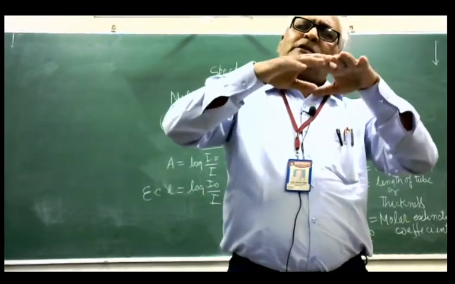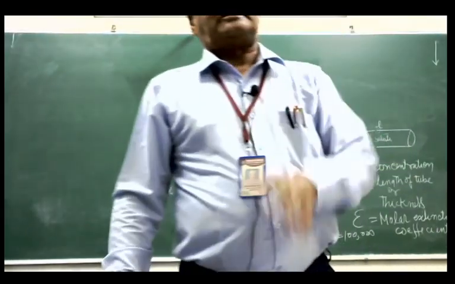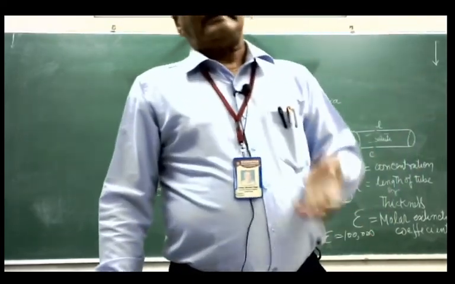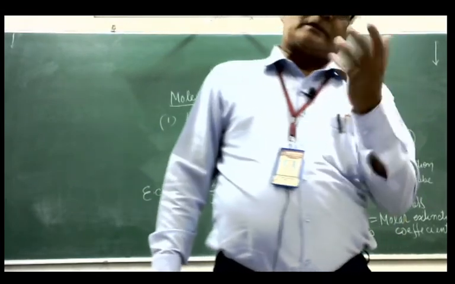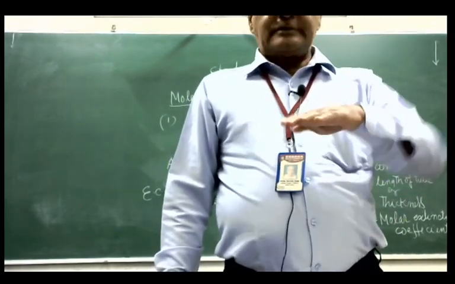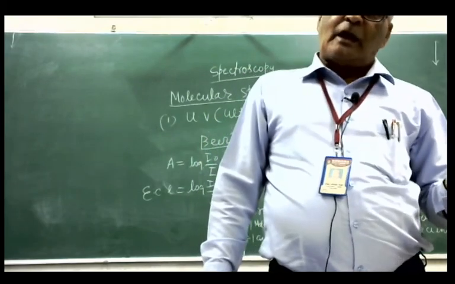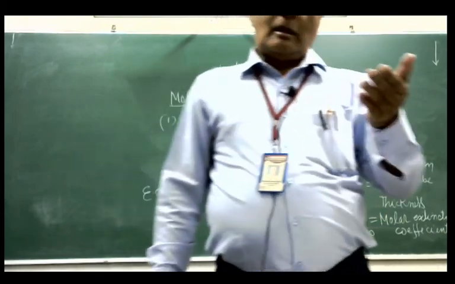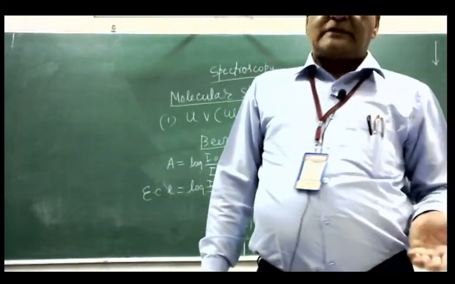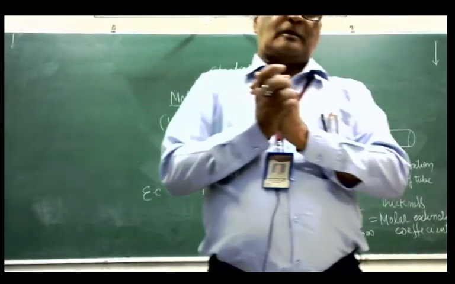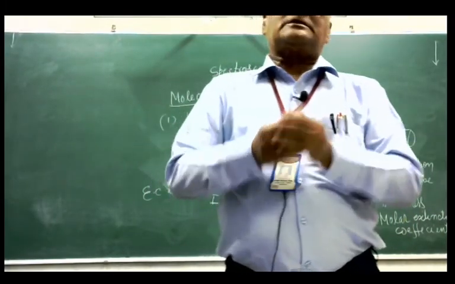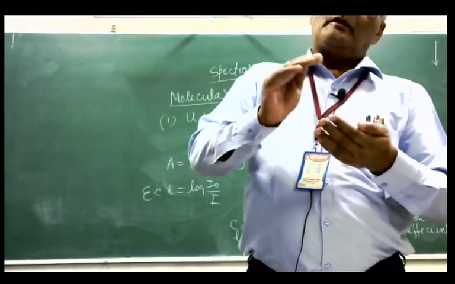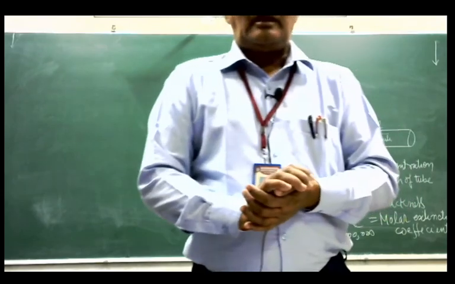So there are different types of electronic transitions, and therefore we can say this UV spectra is one of the electronic spectra, in which there is a transition of an electron from one molecular orbital to another. In the next lecture we shall discuss the different types of transitions made by the absorption of electromagnetic radiation by an organic molecule.